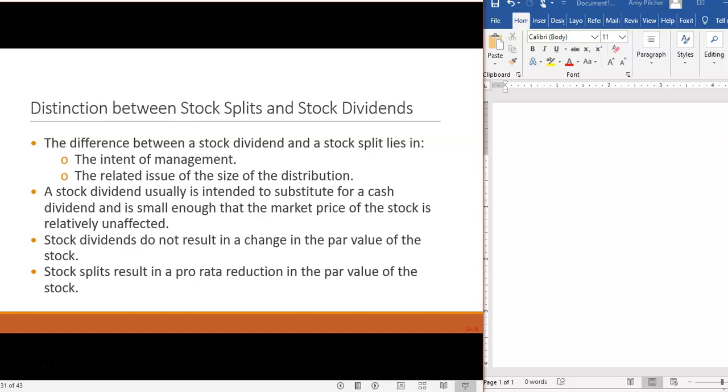Stock dividends do not result in a change in the par value of stock. Stock splits, however, reduce the par value of stock and usually also reduce the market value of stock. Sometimes companies will issue stock splits because they think their market price has gotten too high and they're looking to lower it.